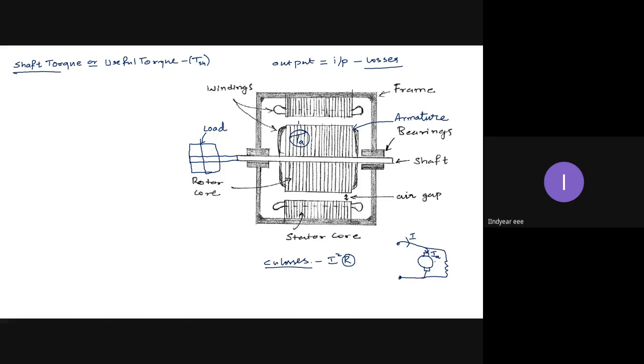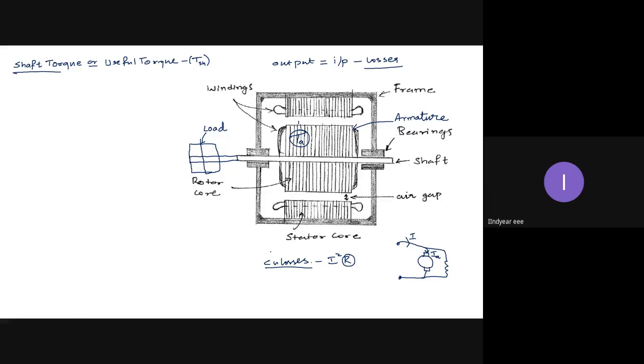This current flowing into the armature is developing the torque Ta. This torque Ta is developed after the current has overcome the copper losses. After overcoming the copper losses, the remaining current is developing the torque Ta.